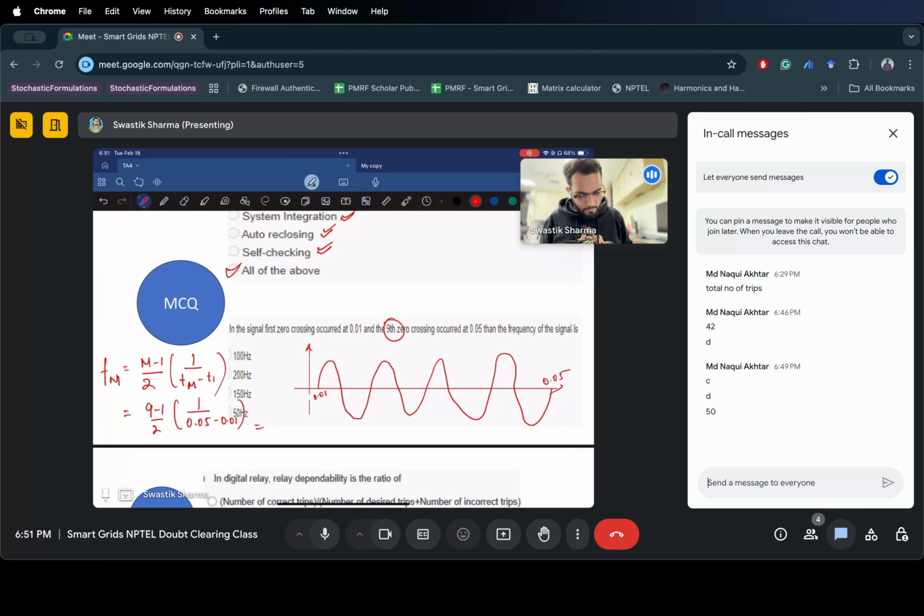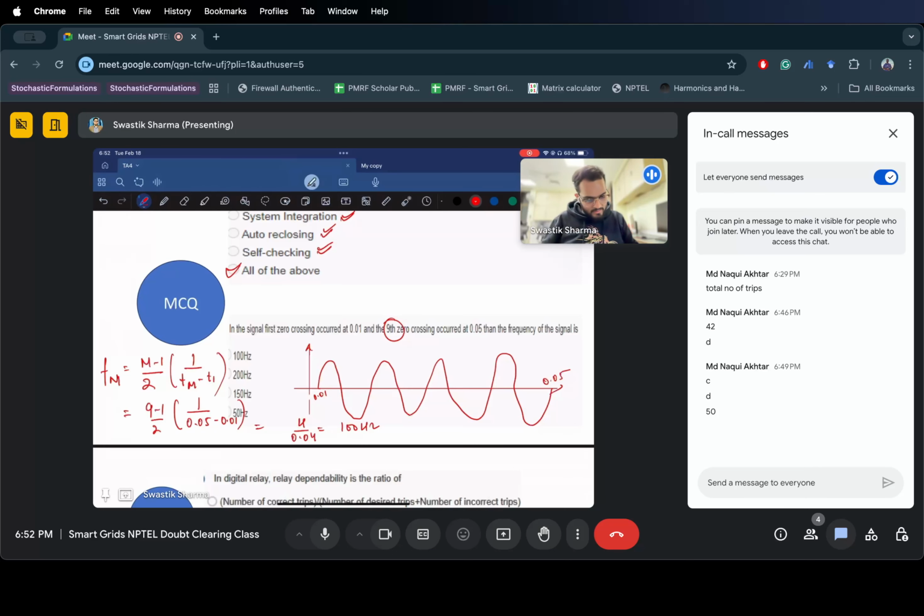So this is 4 upon 0.04, and 4 divided by 0.04 is 100. So the answer is 100 hertz, if this is correct.